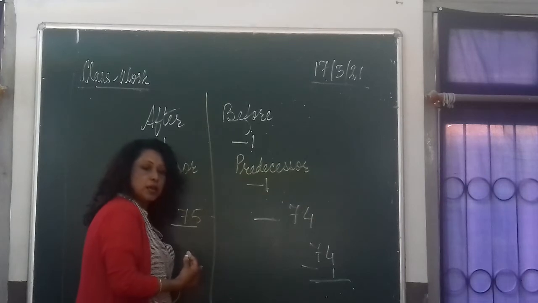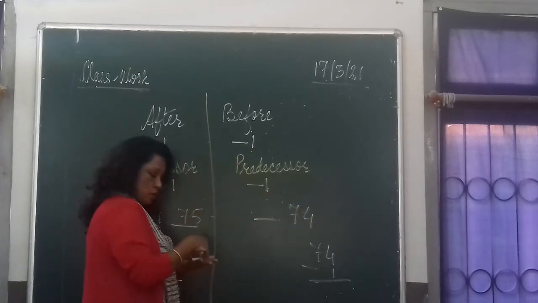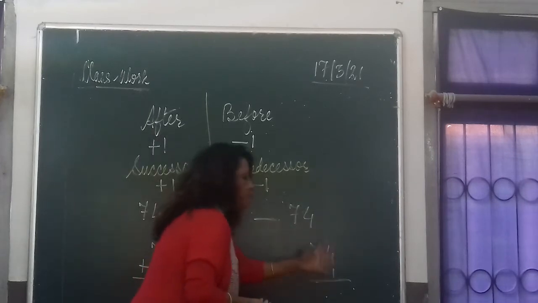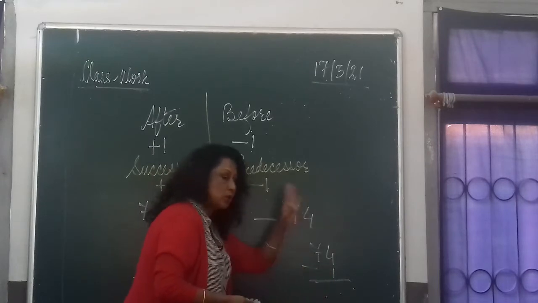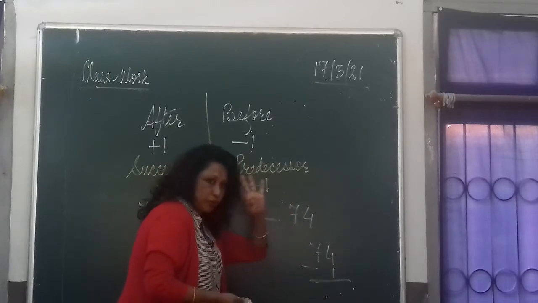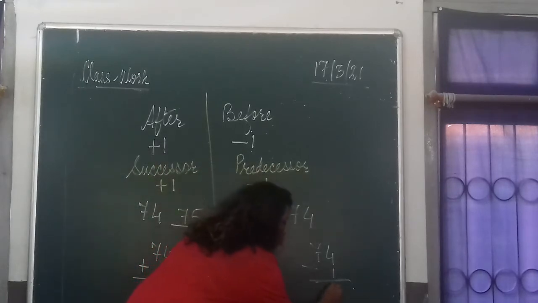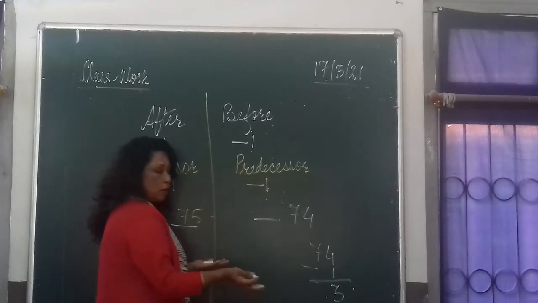When you give away a few sweets from your pocket to somebody else, you will have fewer sweets, isn't it? So you have 4 sweets in your pocket. Minus means take away. You gave away 1 sweet to your friend. So how many sweets will be left with you? 3 sweets will be left with you now. Alright?